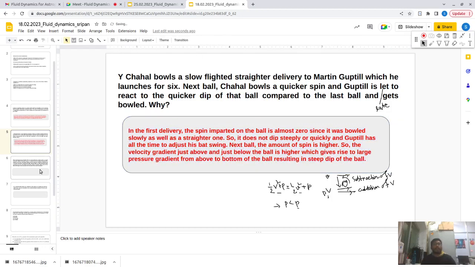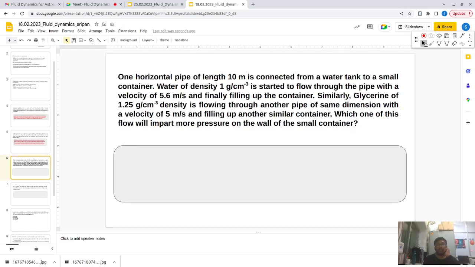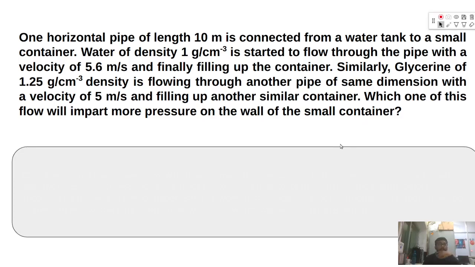Okay, so the next question is that one horizontal pipe of length 10 meter is connected from a water tank to a small container. So what we have is a horizontal pipe like this, and you have a large water tank here, and a small can here.